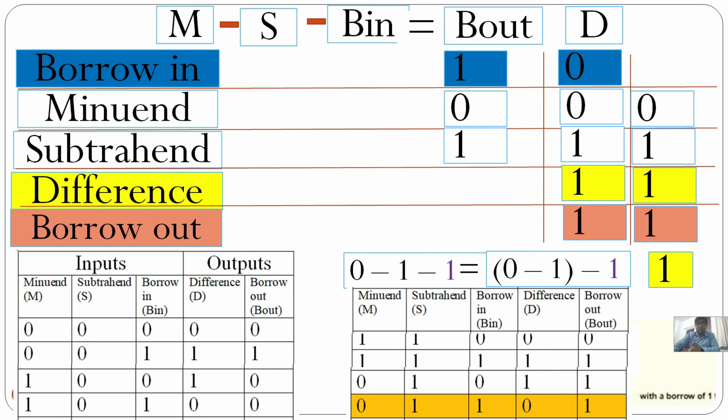Now for this case, where the borrowing equals 1, so 0 minus 1, the result is minus 1, and there is minus 1 and 1.